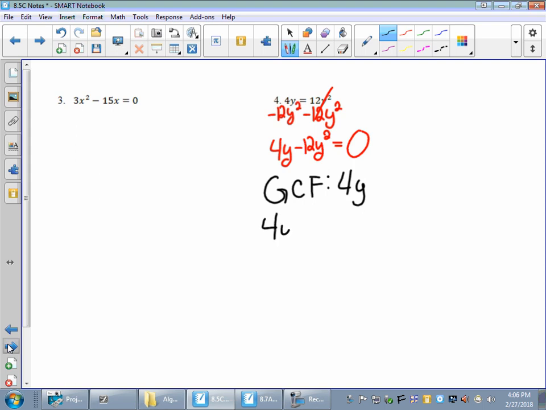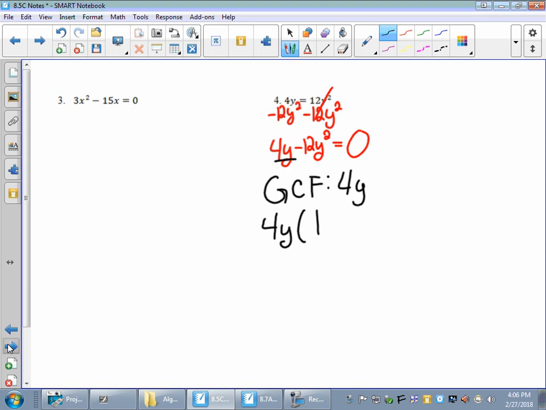So if I was to factor that out, I'd have 4y, open some parentheses, and 4y times what gets me to a 4y? Well, I don't need to multiply it by anything extra. But I do still need to make sure that I have the right number of terms. So 4y times 1 is still 4y. Let's make sure we put that 1 in there.